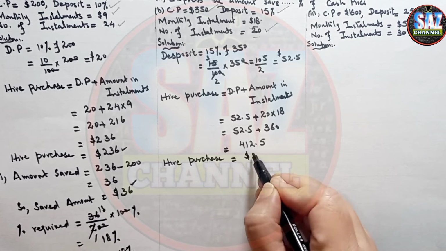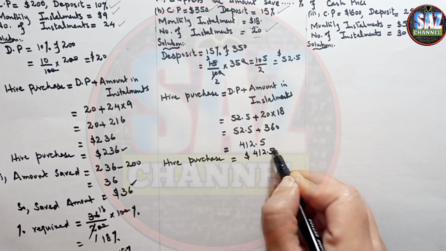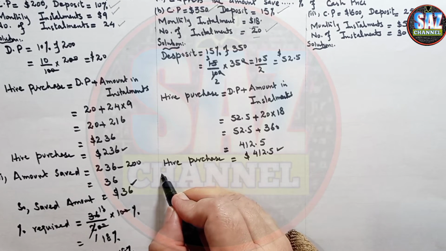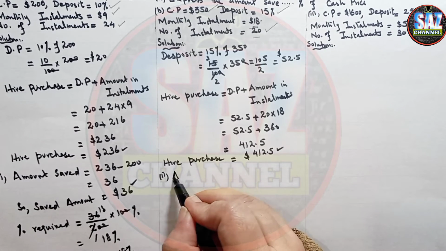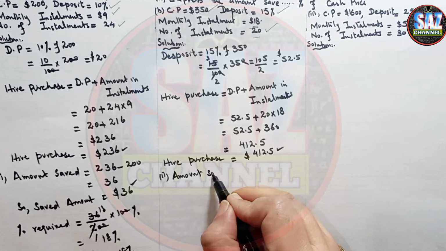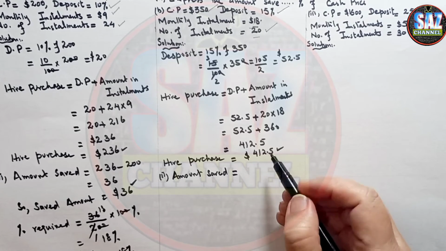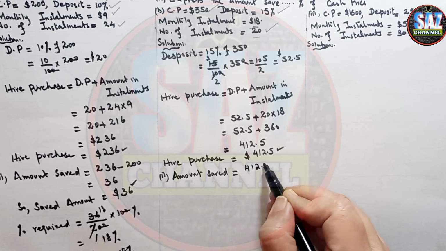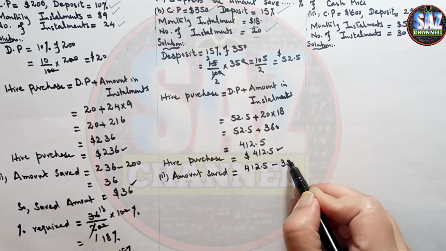So the hire purchase price equals $412.5. Okay, now I hope you are clear how we are calculating the hire purchase price when the down payment is not given, but the percentage of deposit is given. And now the second part of the question is that we have to find the additional amount, or amount saved, that will be equal to the difference between the hire purchase price and the actual cash price, that is 412.5 minus 350.